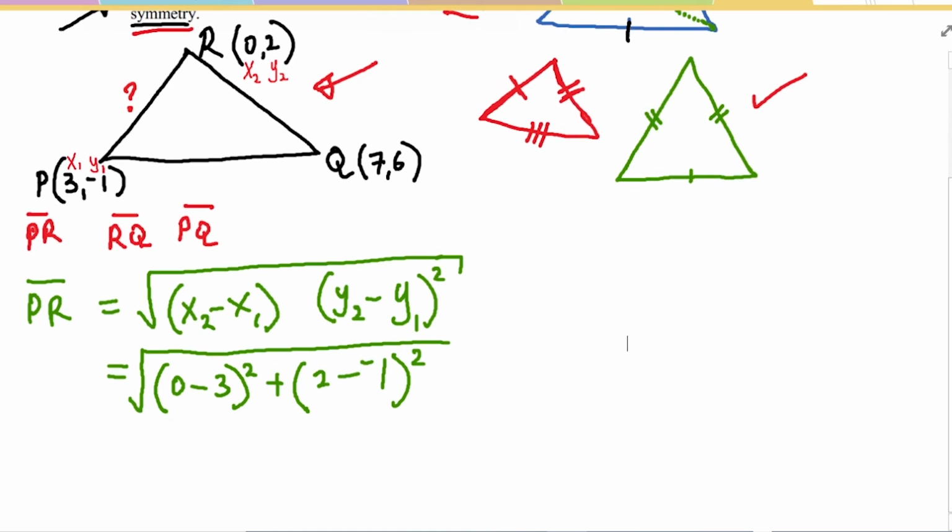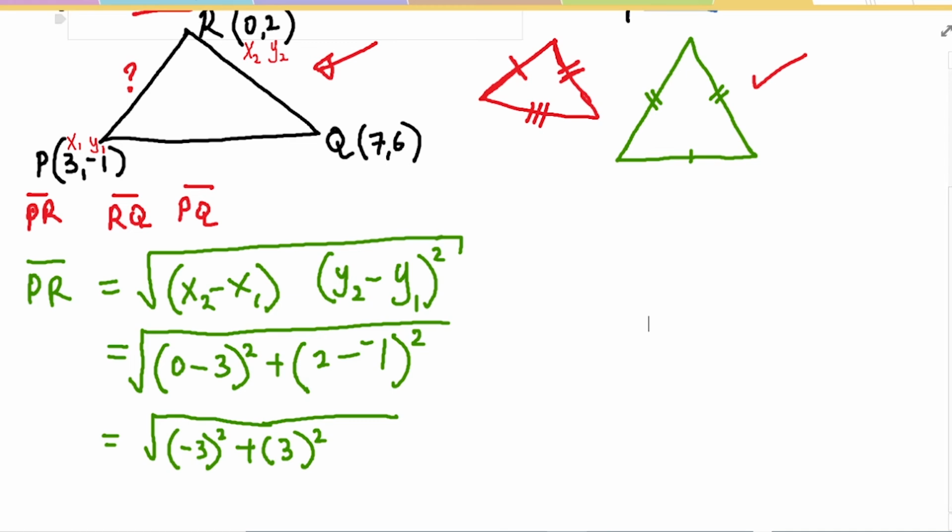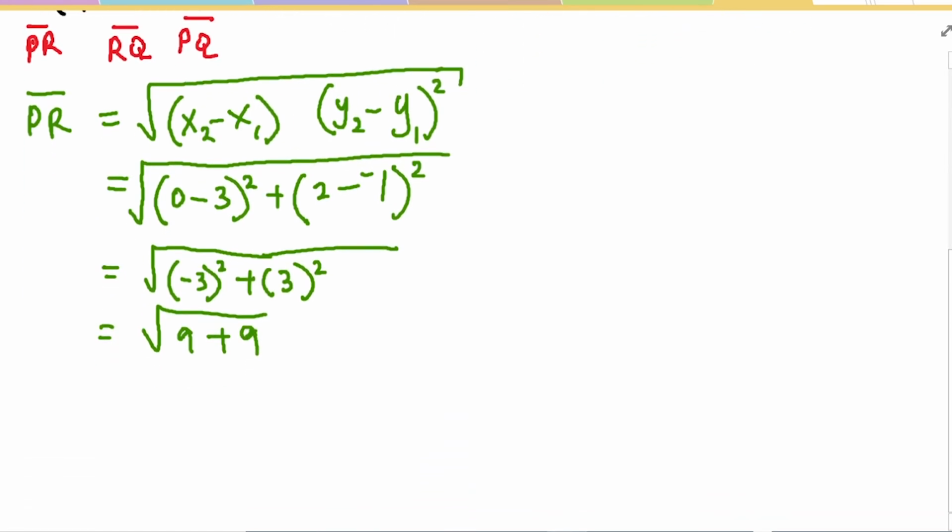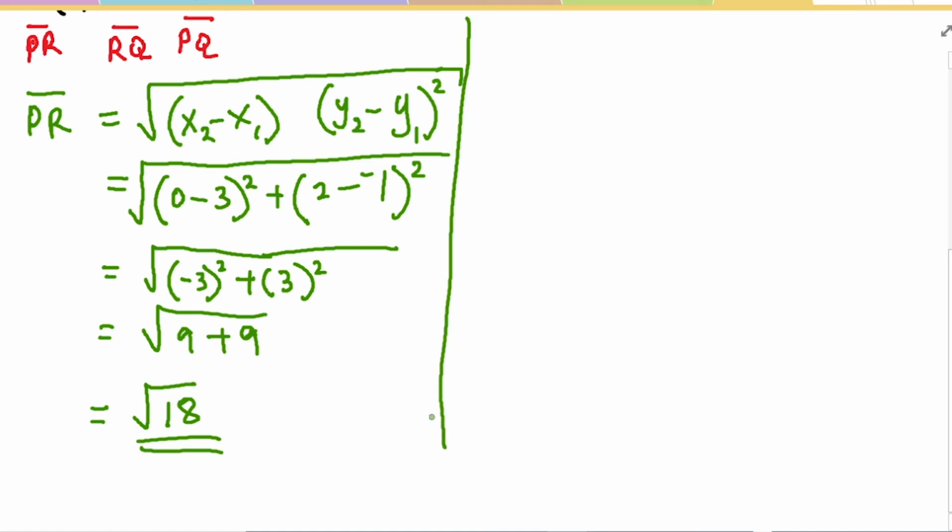So this is the square root of (-3) squared plus, now 2 minus -1 is 3, which is also 3 squared. We have the square root of 9 plus 9. So this is the square root of 18, and we have PR as the square root of 18.